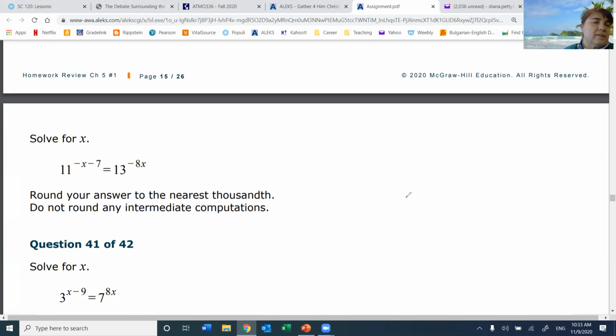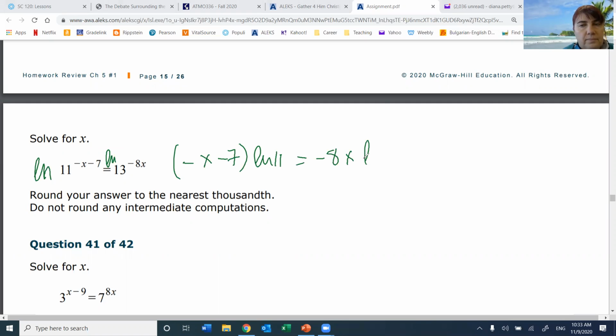In this case, it doesn't matter whether it's natural log or base 10. You can do natural, that doesn't matter. Yep, so the exponents came out in front. Then you need to put the x's on one side.